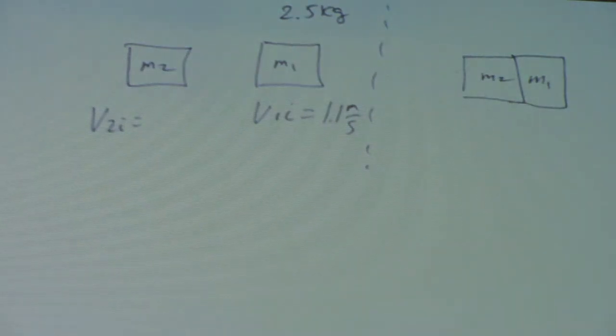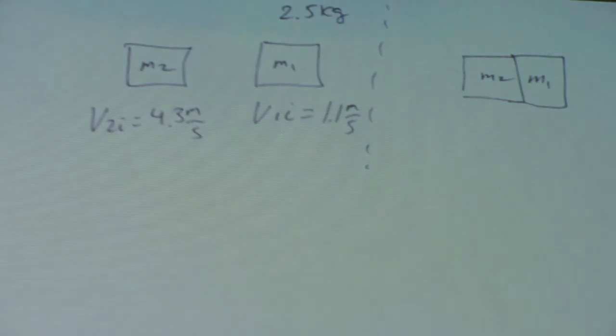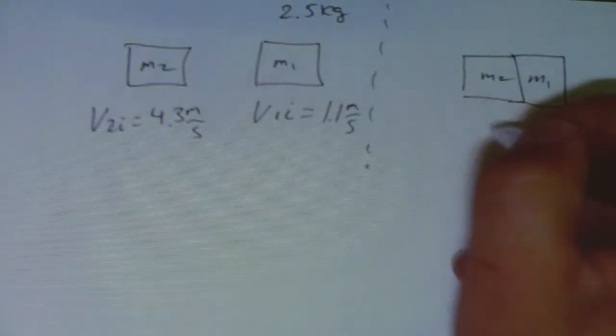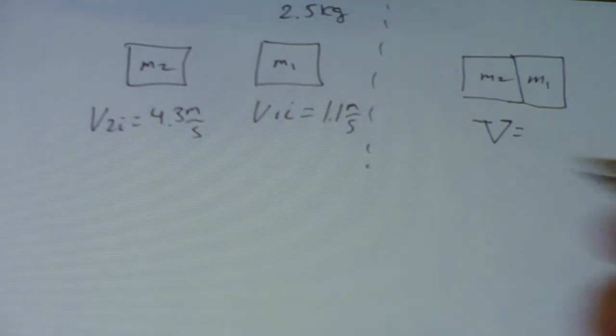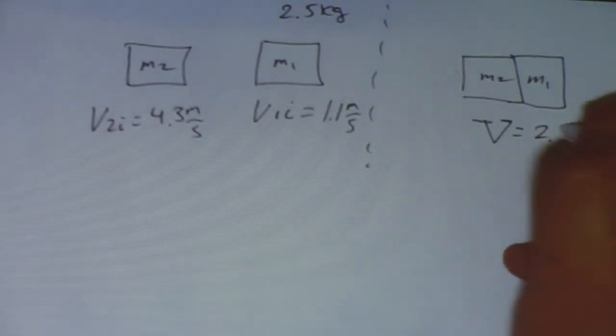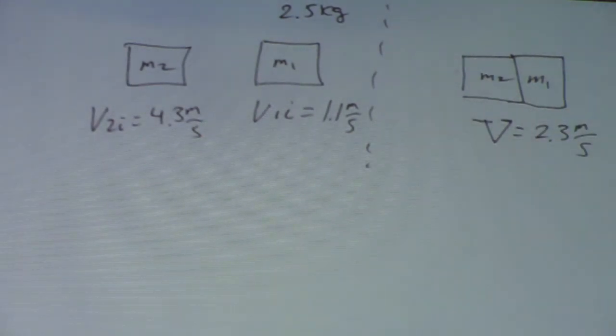And then velocity 2 initial, the faster one, is moving at 4.3. Then they stick together, and the combined group, I'm just going to call this one big V, for the combined velocity, is 2.3. And what I'm trying to figure out is what is M2.